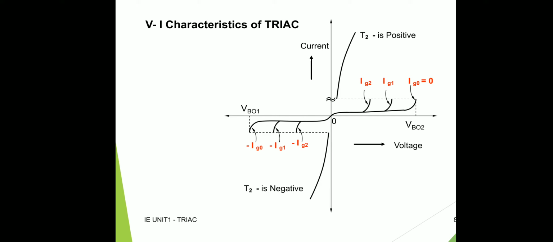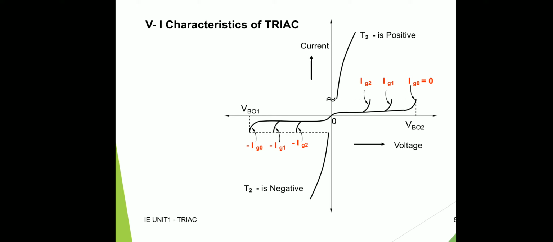When T2 is positive with respect to T1, it conducts from top to bottom, that is P1, N1, P2 and N2. Whether it is N2 or N3 depends on the gate voltage, positive or negative. Right. When T2 is positive, P1 N1 conducts. Similarly, P2 N2 conducts.